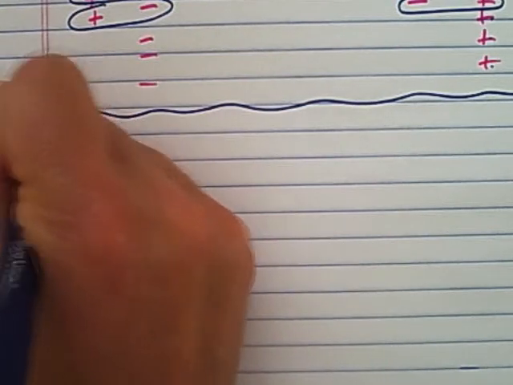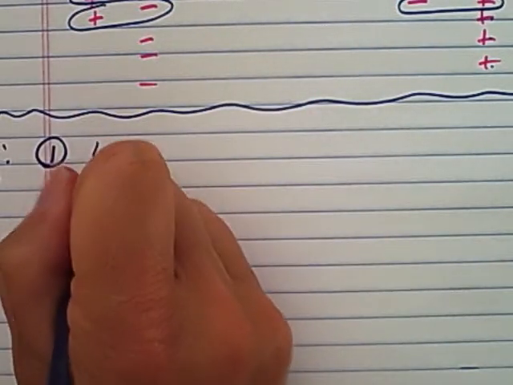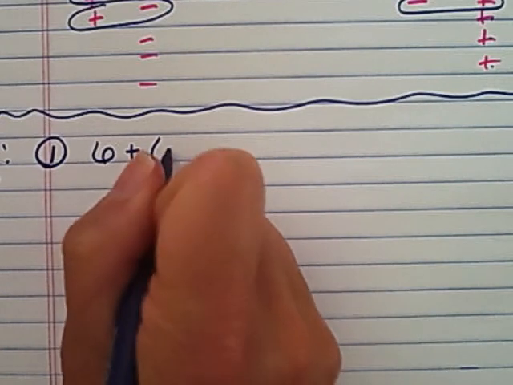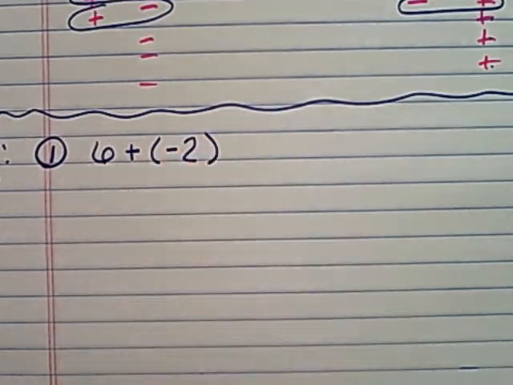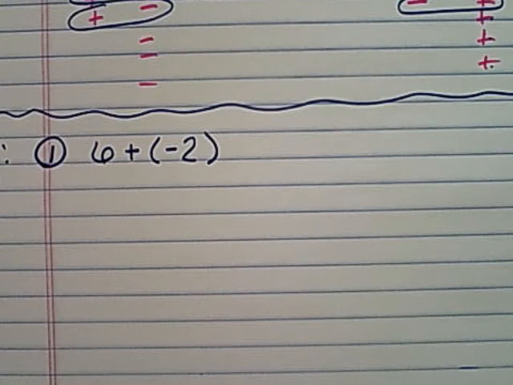Problem number 1, 6 plus negative 2. Go ahead and work on that one now. Remember, you know that the 6 is a positive, so you can circle that right away. Plus negative 2 means that it's going to be a negative 2.